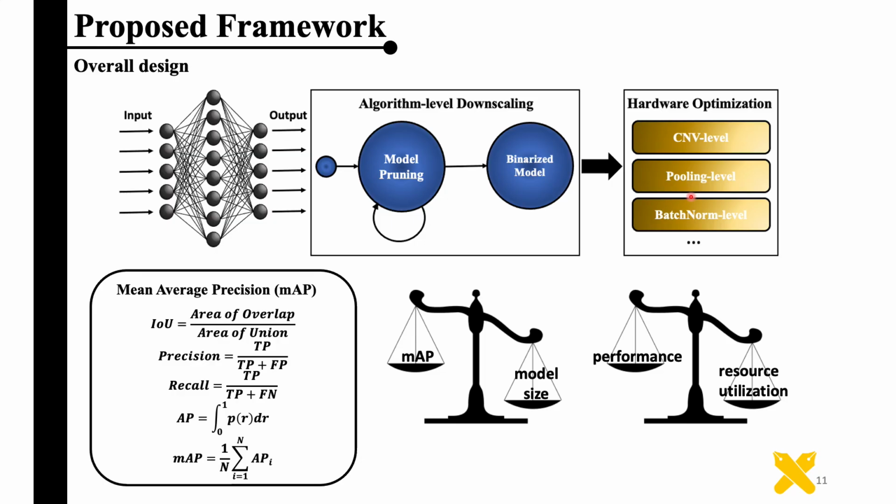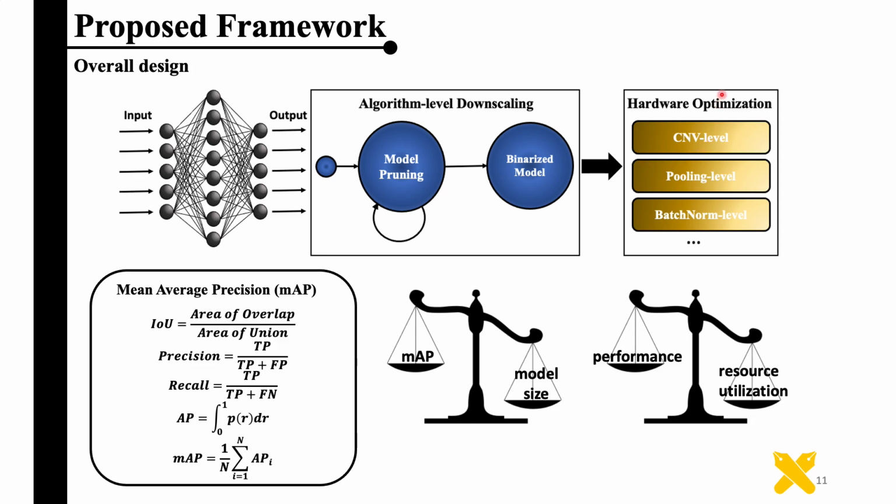In our proposed framework, it is divided into three separate stages. Import stage, with some pre-operations to serve the later optimization. Algorithm level downscaling, which includes model pruning and model binarization.